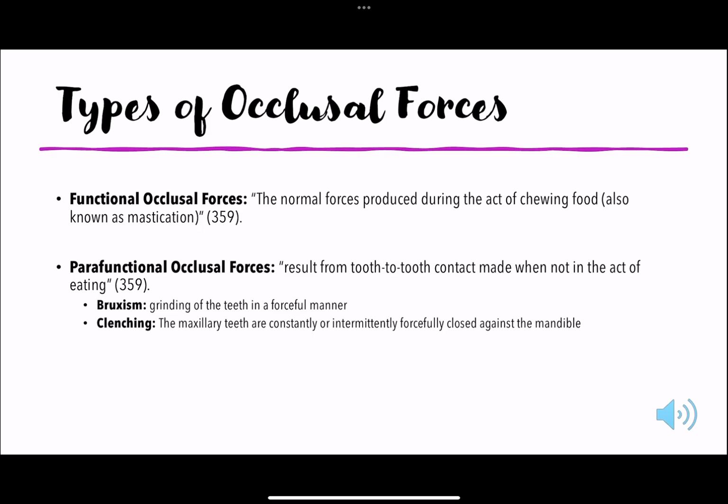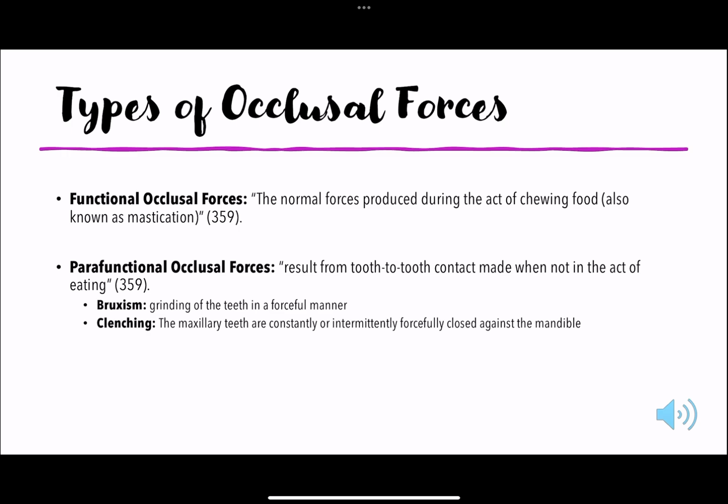And then secondly, there are parafunctional occlusal forces. So, this is the result from tooth-to-tooth contact made when not in the act of eating or chewing food. So, bruxism would fit in this category of a parafunctional occlusal force. This is the grinding of the teeth in a forceful manner.